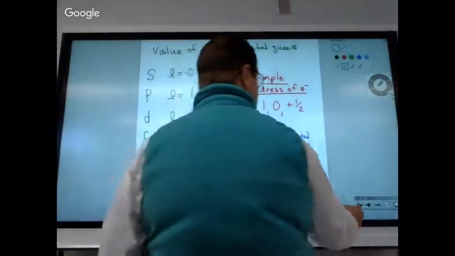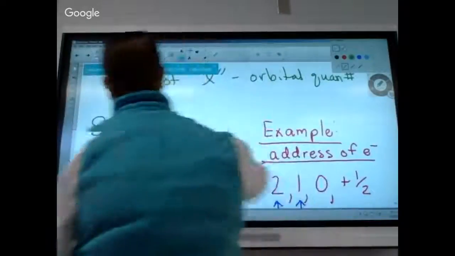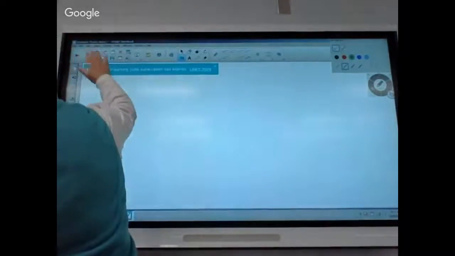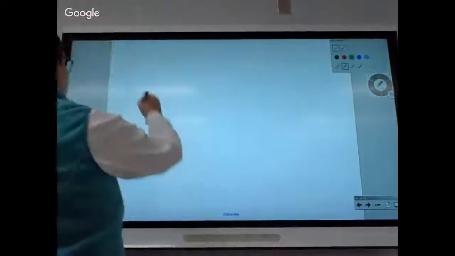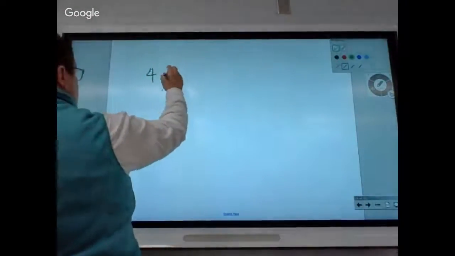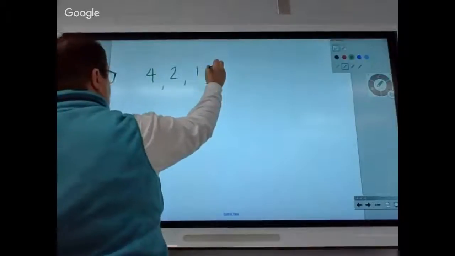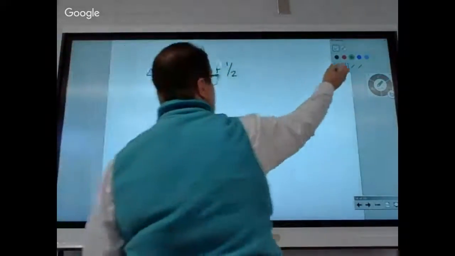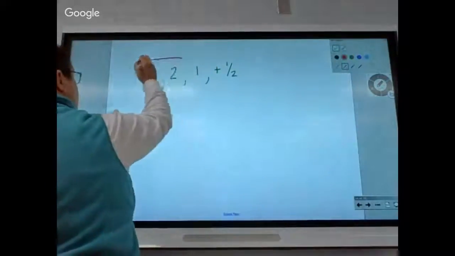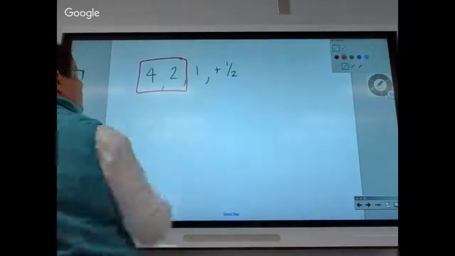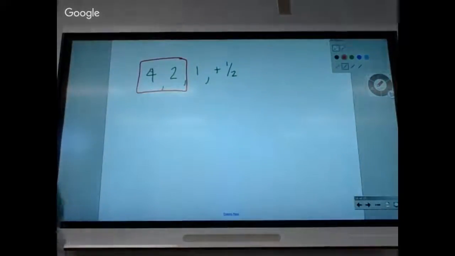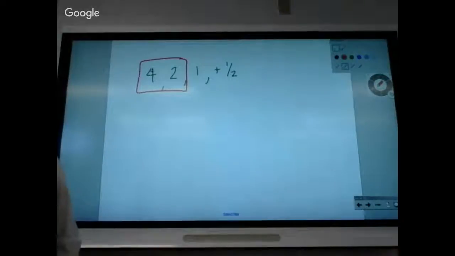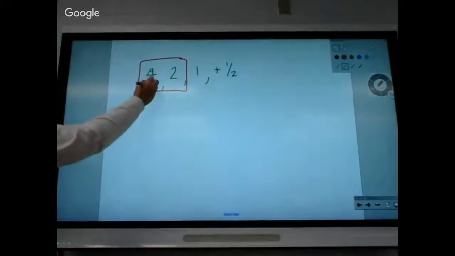So I gave you this example. Let's say I put in a different one. I make up an address for an electron: 4, 2, 1, plus 1/2. At this point, you should be able to tell me what these first two things mean easily if you understand what's going on. This stands for what?